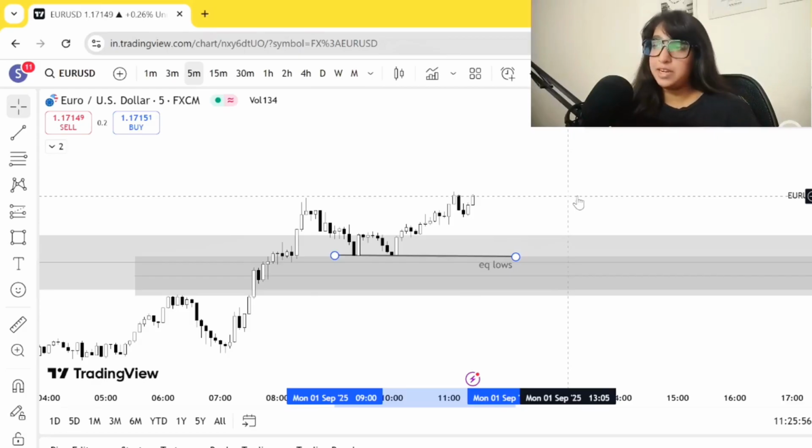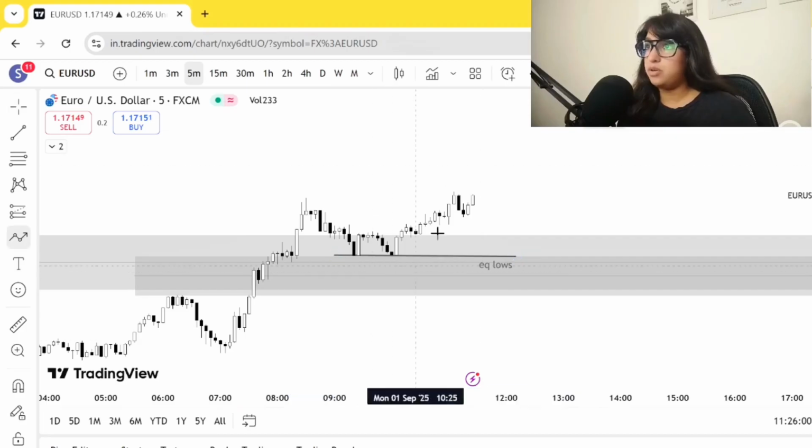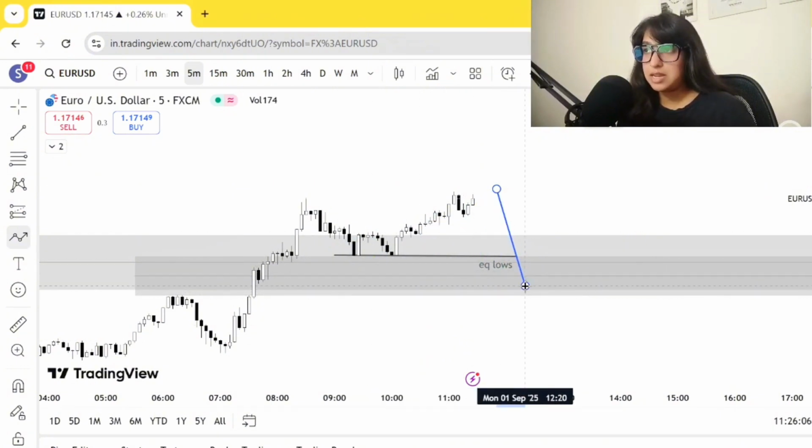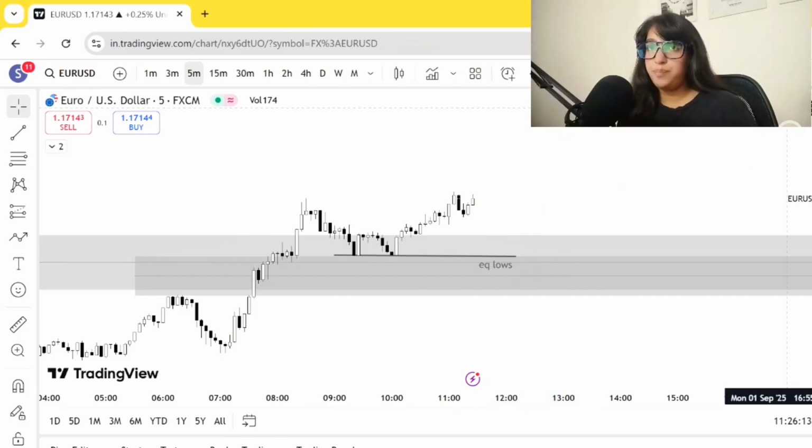We see the market comes down like this, takes these stop losses or equal lows, and then gives us the reversal pattern, right? So this is the scenario for now.